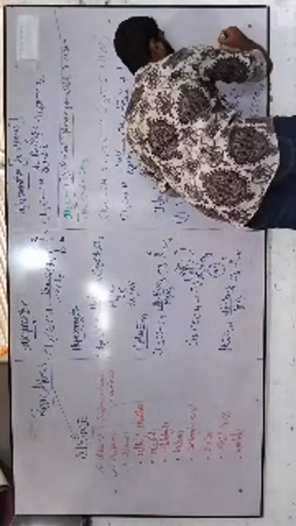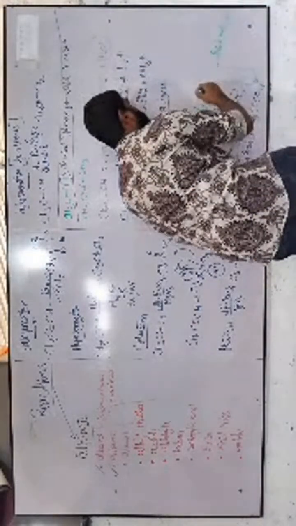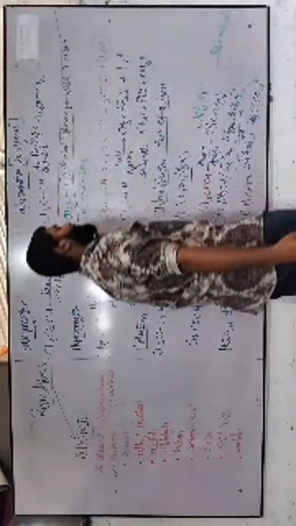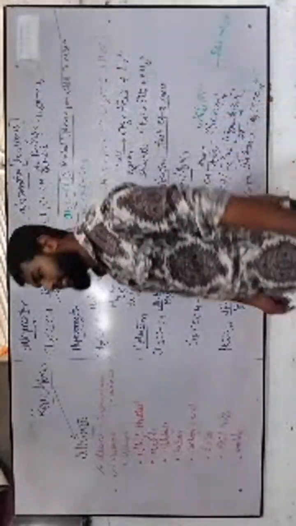This is a brick red precipitate. This is a white precipitate. Understood? So these are the precipitates for alkyne identification.